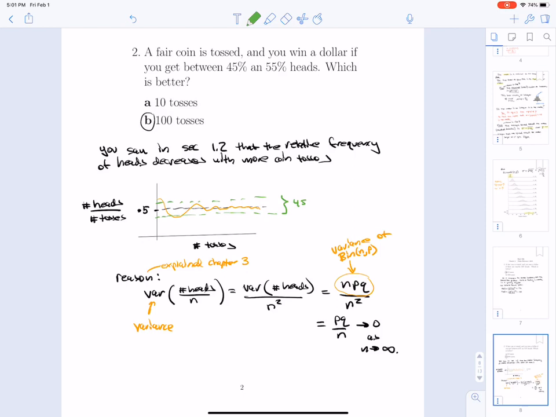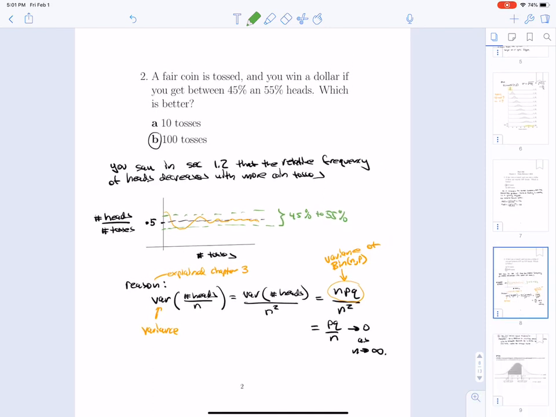To be in this interval here, you want to have as many tosses as possible. So right here, 0.55, 0.45.